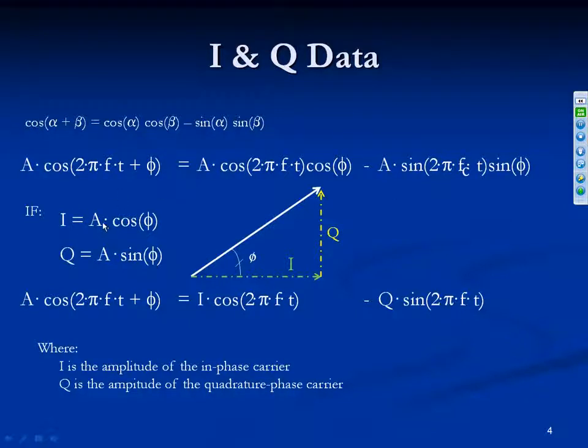So if we let I equal A cosine of phi and we let Q equal A times the sine of phi, we would come up with this equation here. Okay. So you see we have I times the cosine of 2 pi ft minus Q times the sine of 2 pi ft, where I is the amplitude of the in-phase carrier and Q is the amplitude of the quadrature phase carrier. So here we have I and Q represented.